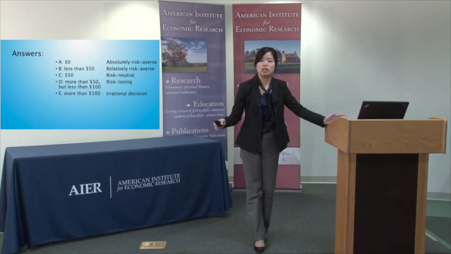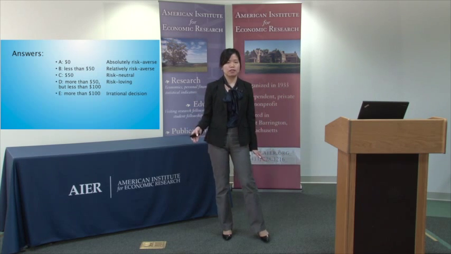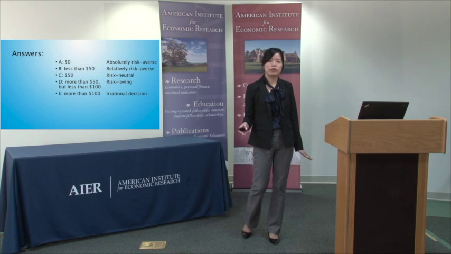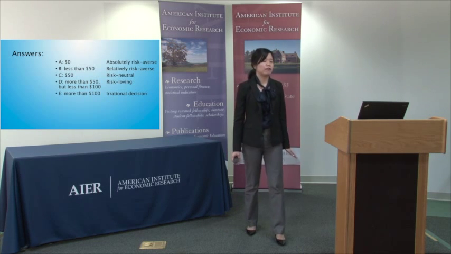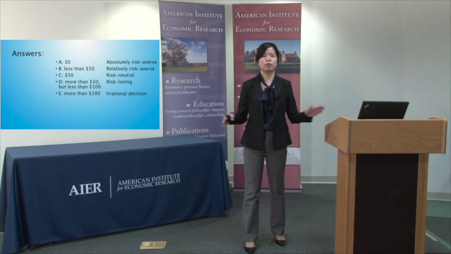But if you choose B, you are willing to pay something, but not as much as $50. You are relatively risk averse. Even though the value of the game is $50, you are only willing to pay less than that. If you pay $50, you are rational, you are smart, because the game is only worth $50.